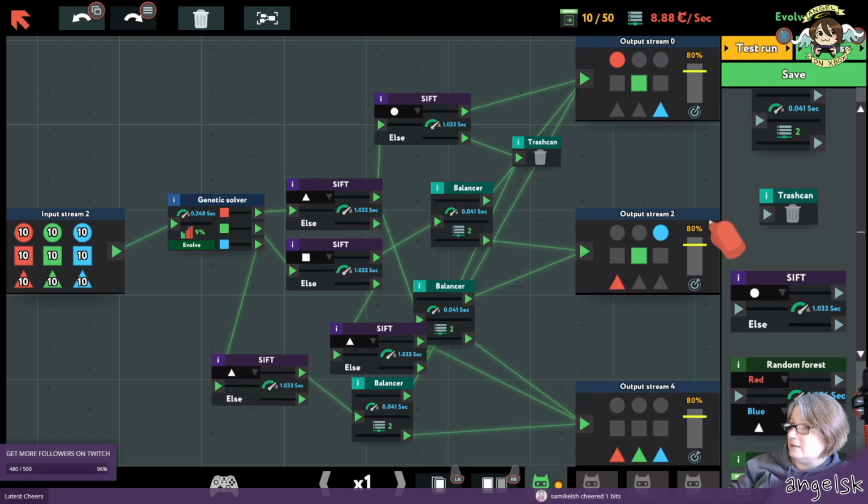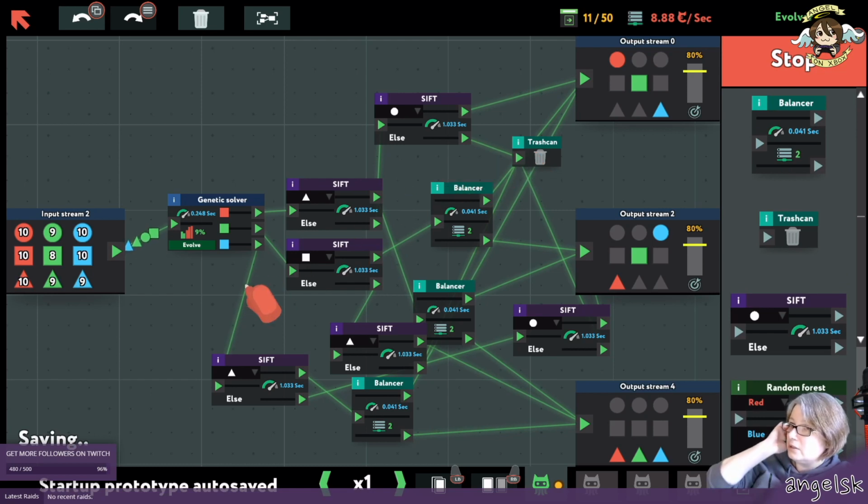And then the else is a circle. So okay, this is really messy, but I don't care. Blue circle here. And else to the trash can. Test run.